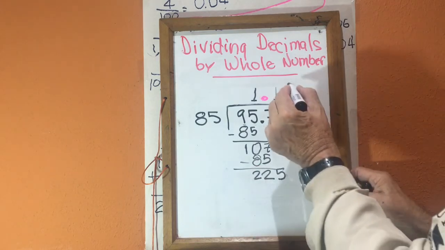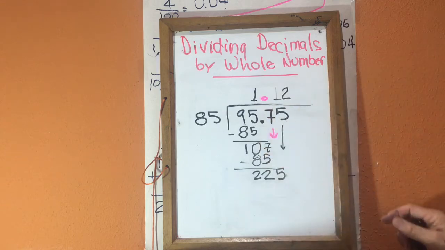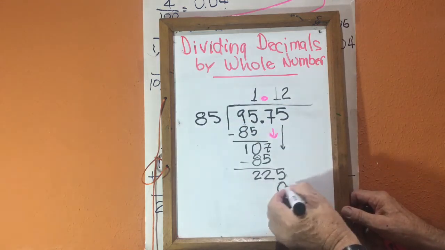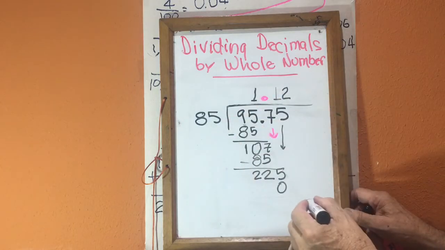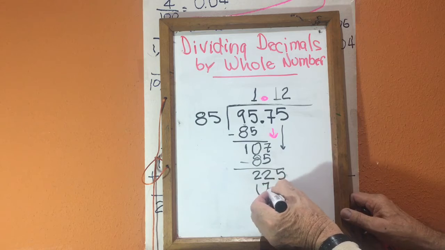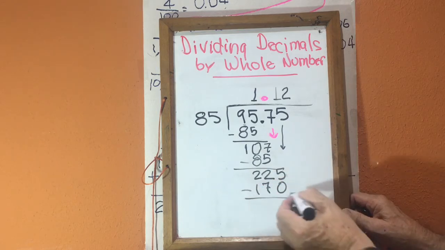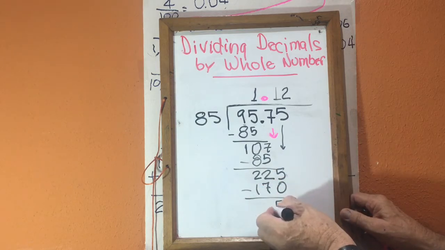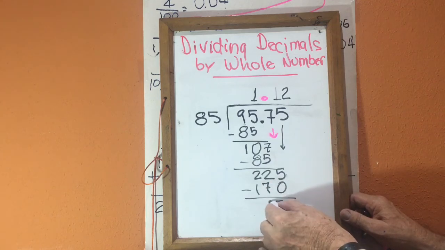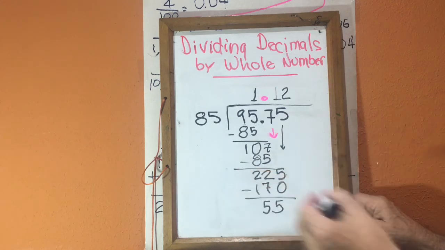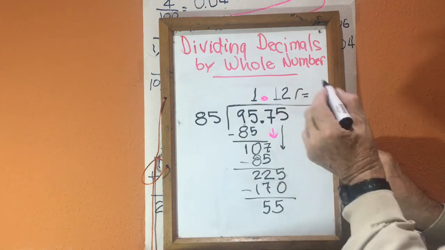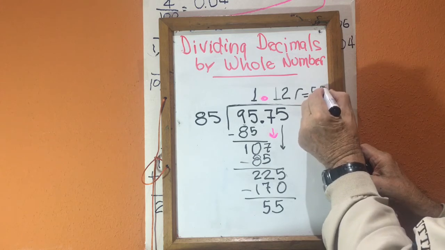Then I imagine 2 will be enough. So 2 times 5 is 10, and 2 times 8 is 16 plus 1, 17. We subtract, we have this subtraction 5. 12 minus 7 is 5. And 1 becomes 0. So the remainder is 55.